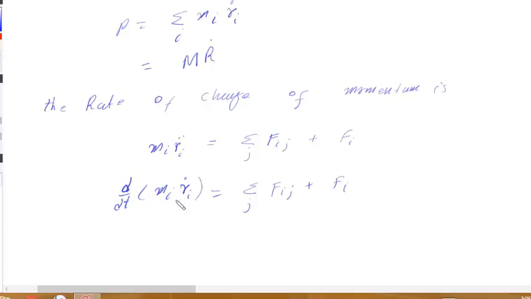Then this is the momentum. So here d/dt, and here we write the summation over i of m_i r_i dot, and also here the summation over i and j of F_ij plus the summation over i of F_i.